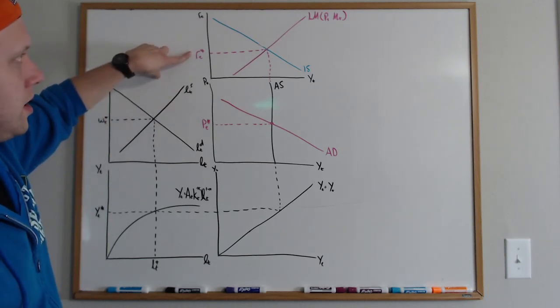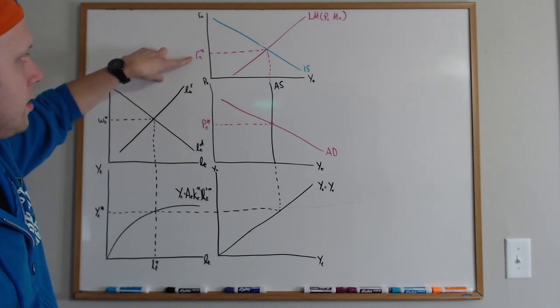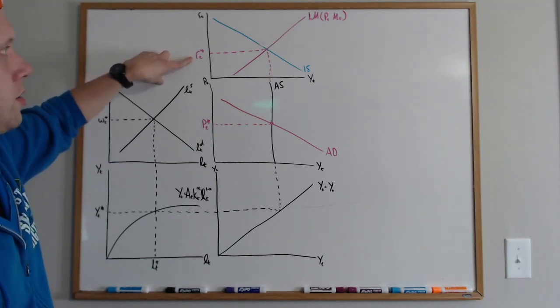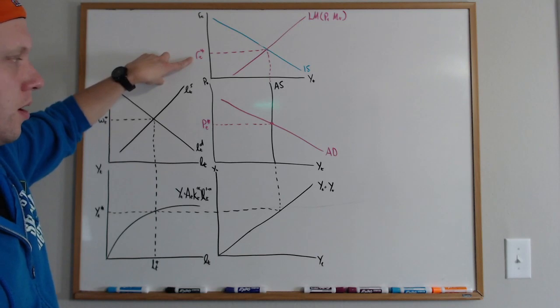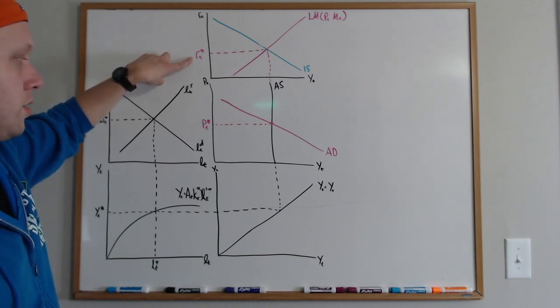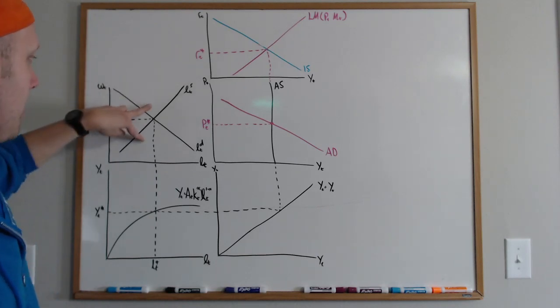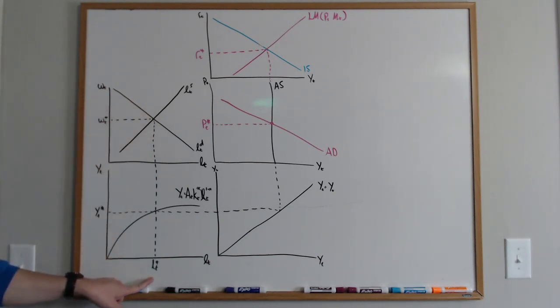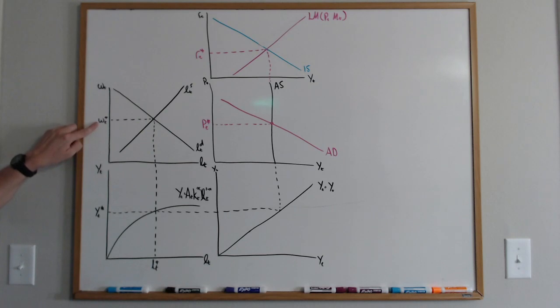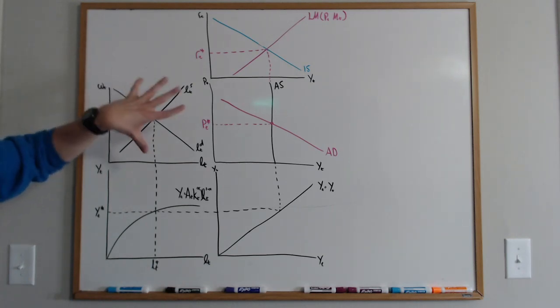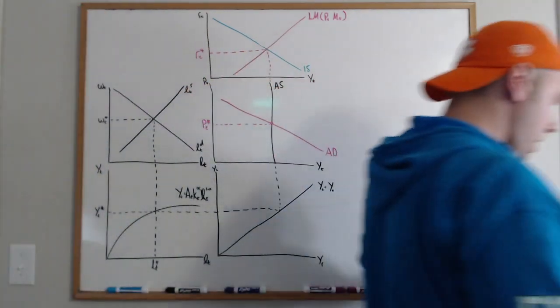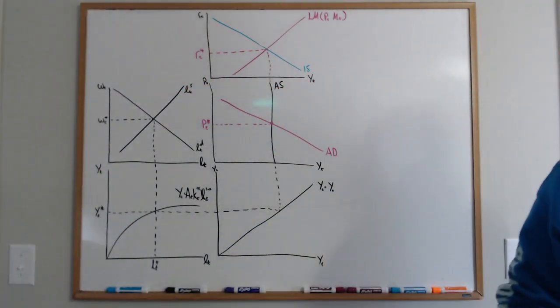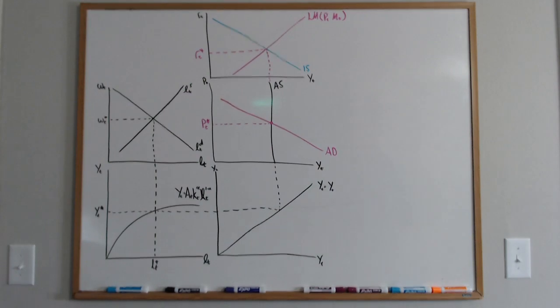Goods markets and money markets intersect at an equilibrium real interest rate, R_t star. Labor markets clear at an equilibrium quantity of labor, L star, at a real wage rate, W star.